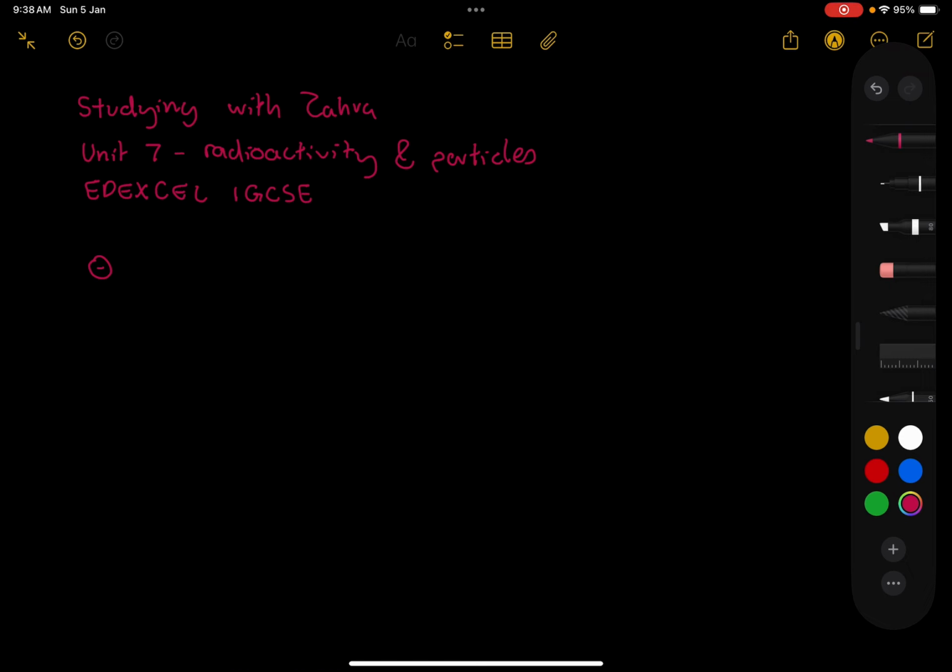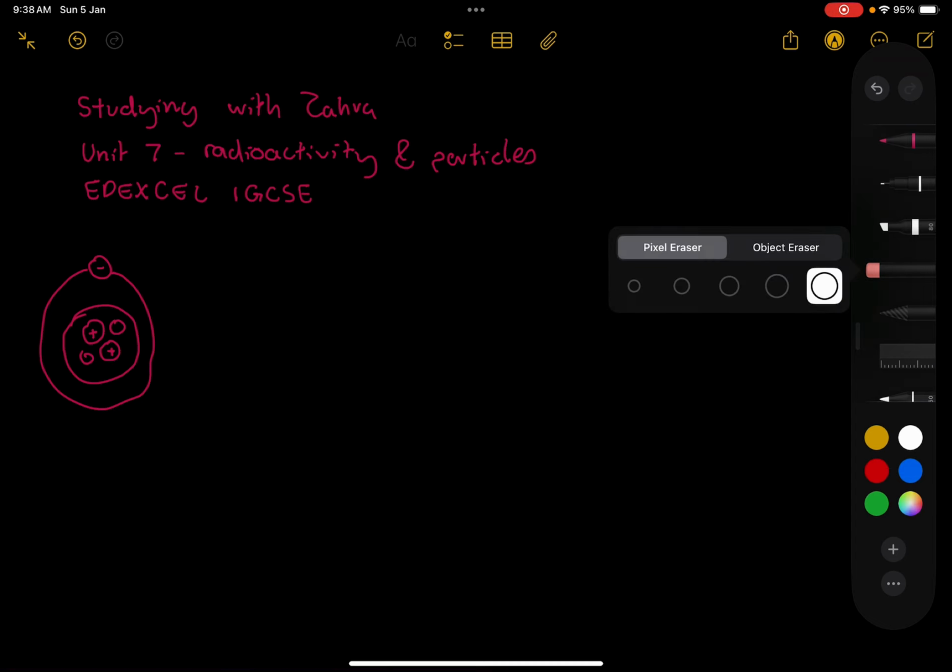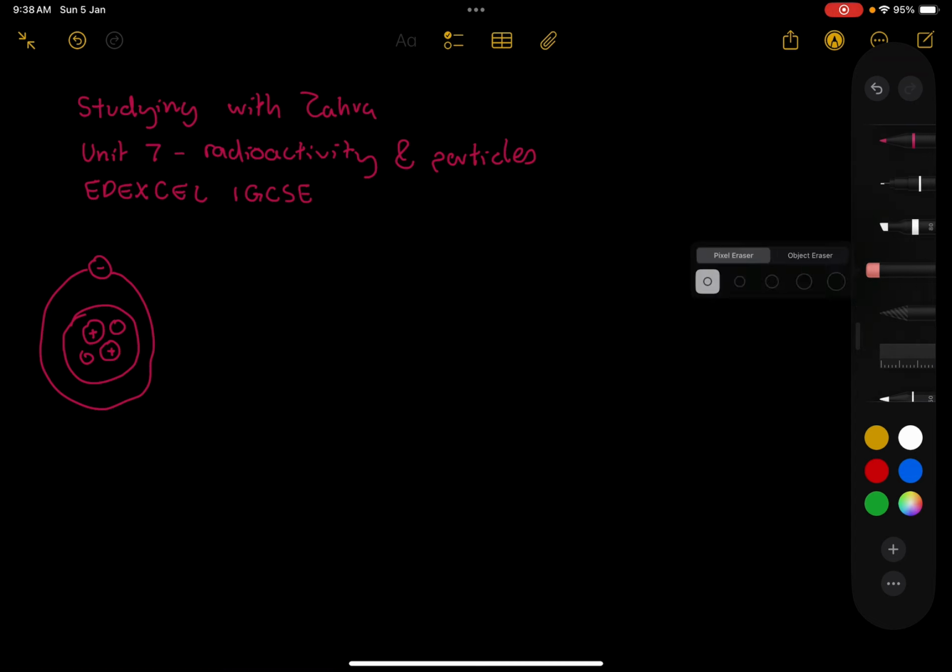So I'm just going to draw a really simple atom here. I have my protons, my neutrons. That forms my nucleus. And then around it, I have a shell. And there's no guarantee on how perfect these drawings will be.